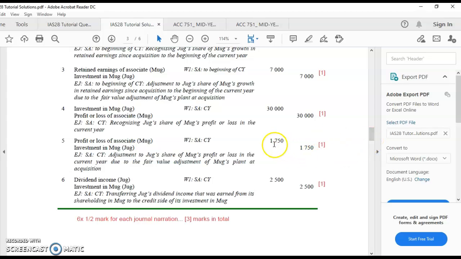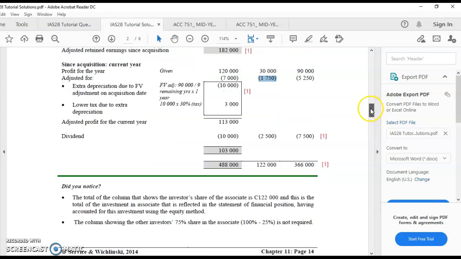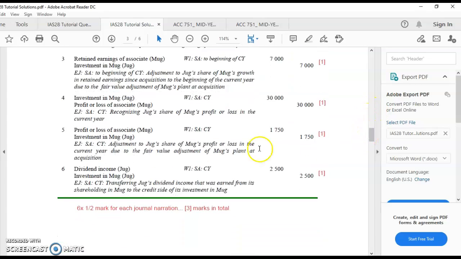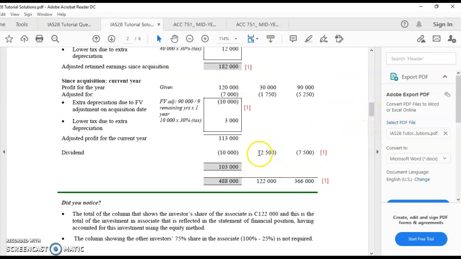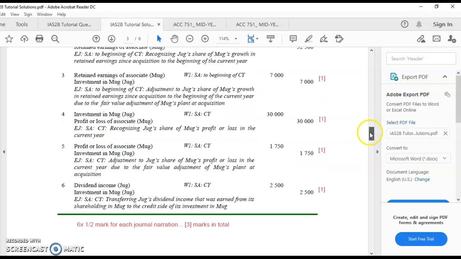Why? Because this 1,750 is decreasing my investment. It's not a positive, so that's why I am crediting the investment instead of debiting it. And then the dividend income, we eliminate it by debiting dividend income and crediting investment in MAC, 2,500, and we already calculated it here. It decreases our investment, hence we are crediting the investment and not debiting it.